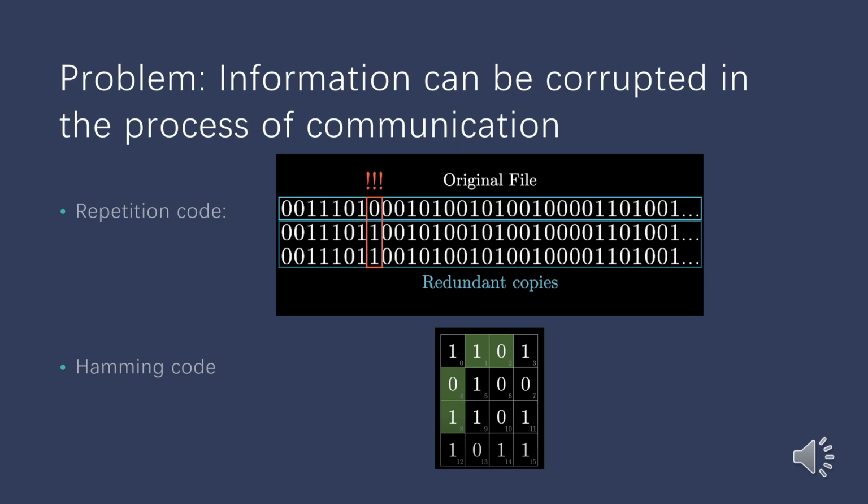But this method is very expensive, where only 33% of the code is original data and 66% is redundancy. Hamming code is a similar but better way of error detection and correction, which uses redundancy but is much cheaper.